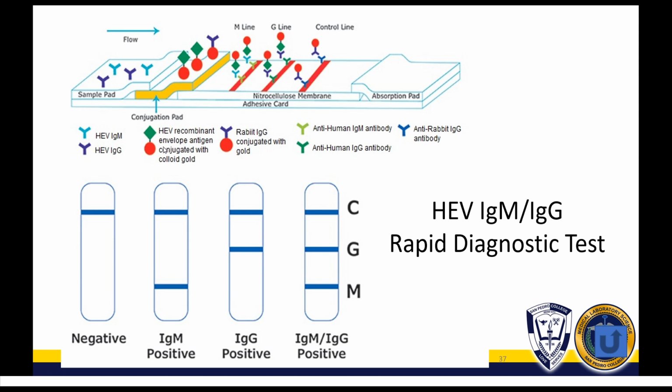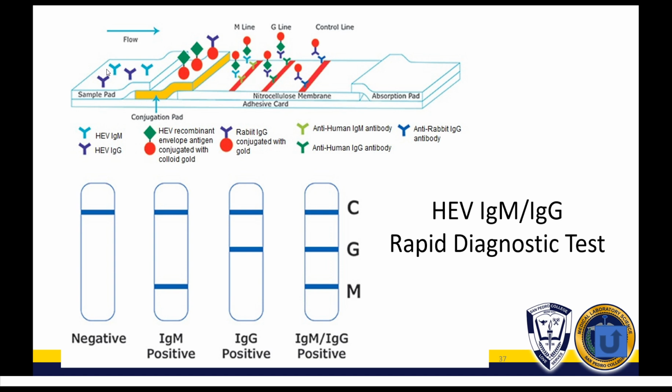Okay? We will explain that later. So, the source of our antigen is the HEV antigen conjugated with colloidal gold. And there is also rabbit IgG that is conjugated with gold. What happens? You apply the serum sample or blood sample of the patient here. The sample contains either IgM or IgG or both.